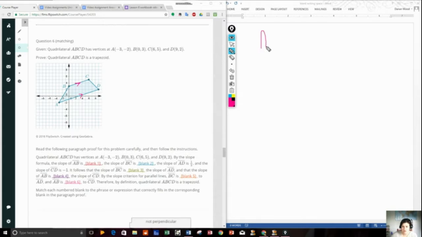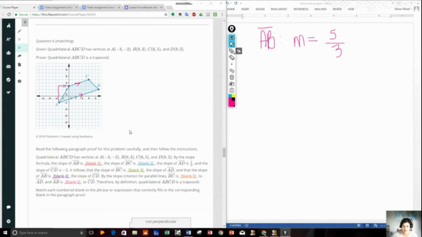The slope is equal to rise, which is 1, 2, 3, 4, 5, and it's positive because we went up. Over run, our horizontal distance, 1, 2, 3. So the slope is 5/3.